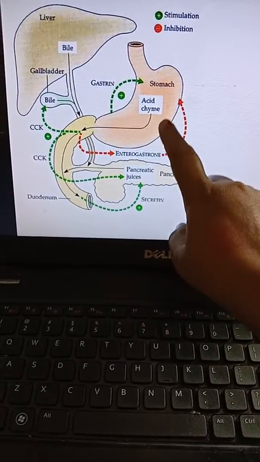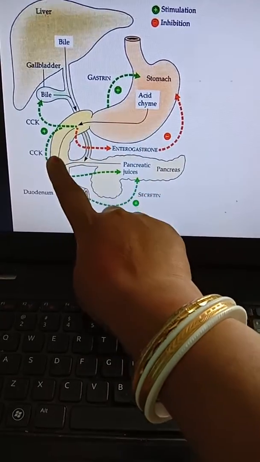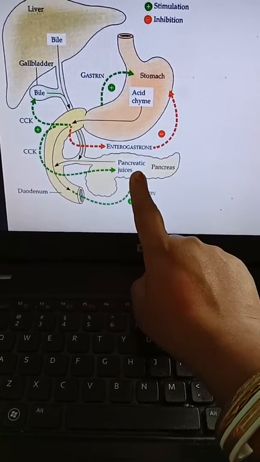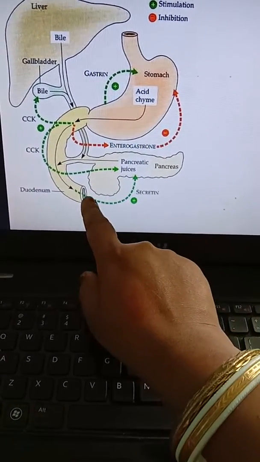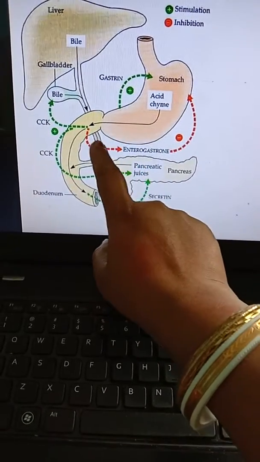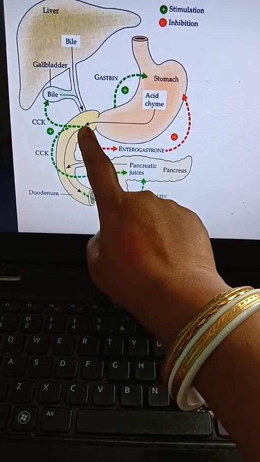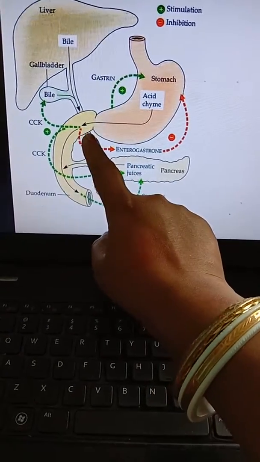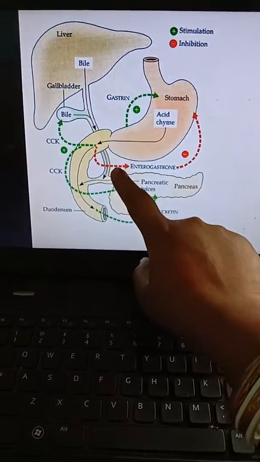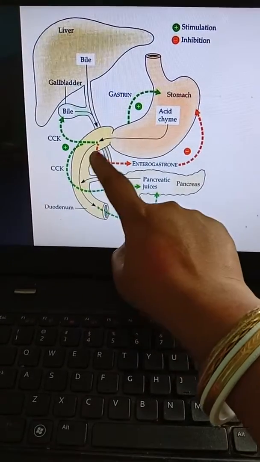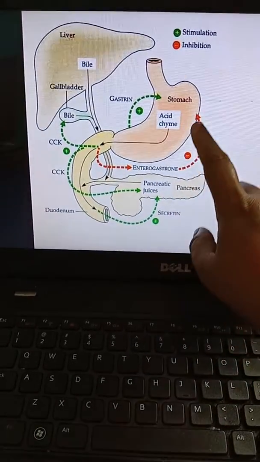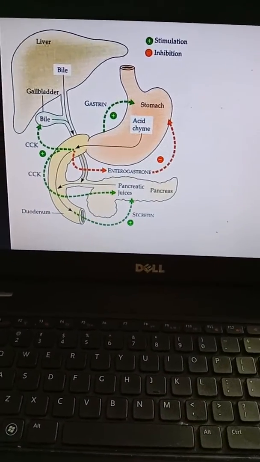The acid turns the lipid into chyme, then it moves to the intestine, where the pancreatic juice helps to digest the lipid, and there is a hormone, secretin, which also helps. Here, some of the chyme is also digested with the bile, and lastly there will be formation of a micelle, which goes to the intestinal wall epithelial cells. And there is enterogastrone, which inhibits the secretion.